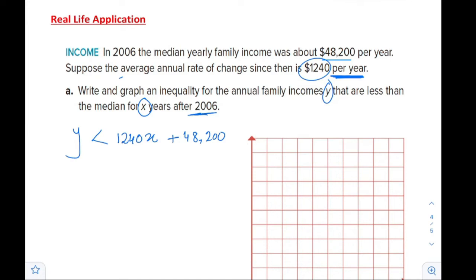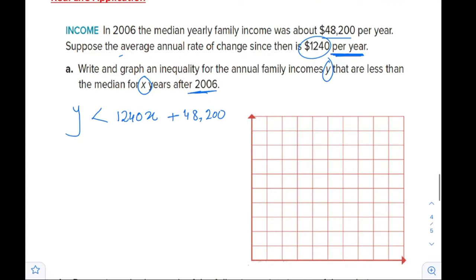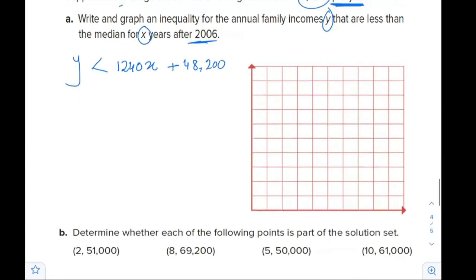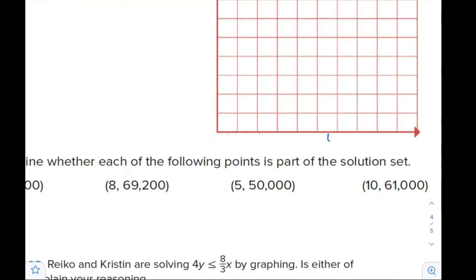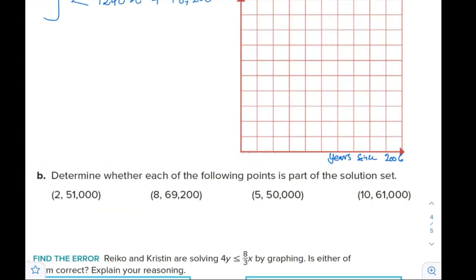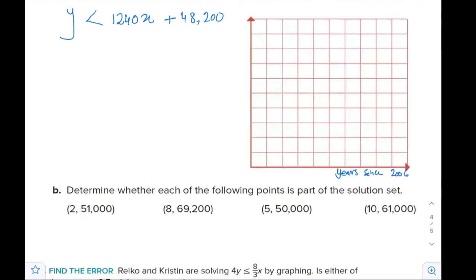And you are asked then to graph it. As you see here, we are only using the first quadrant since we don't have any negative numbers of years. Here, our label will be years since 2006. And here, it will be our income in dollars.